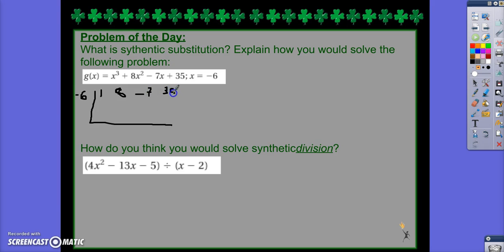What we did before was we would bring down the first number. Every time the number's down here, multiply by the -6. 1 times -6 is -6.